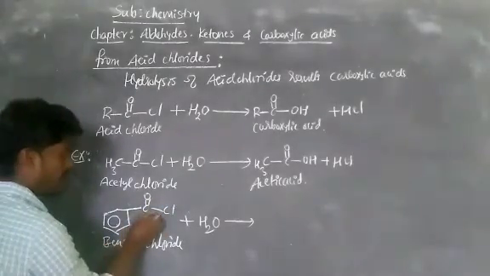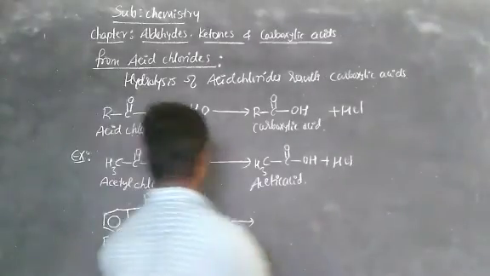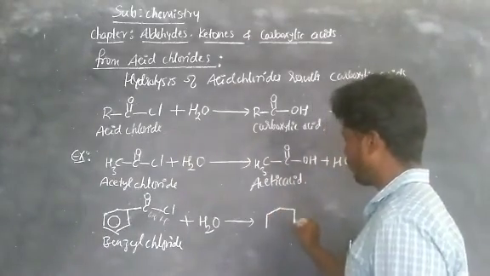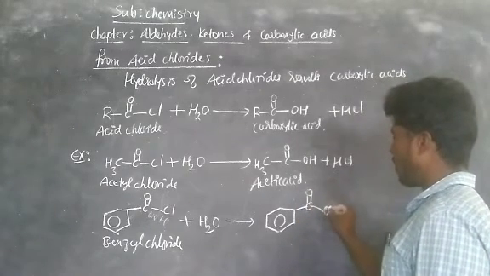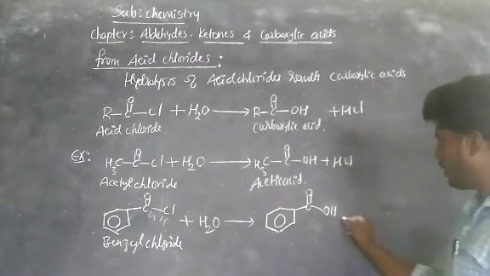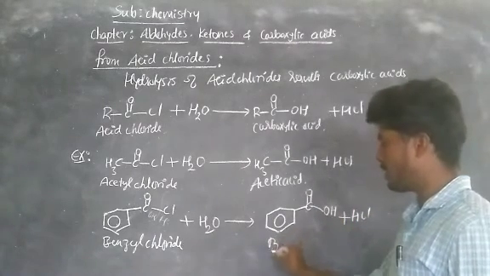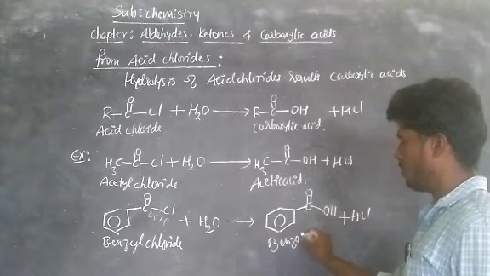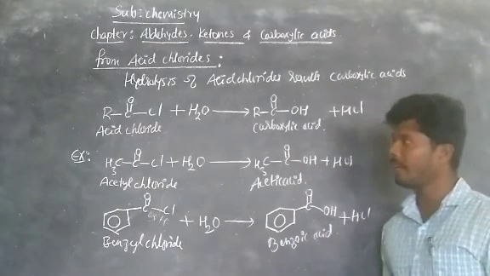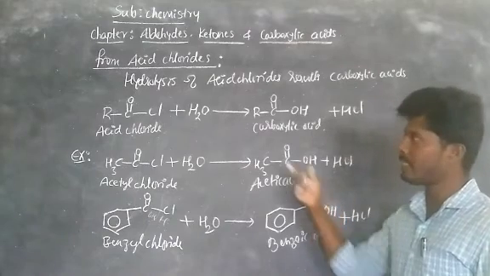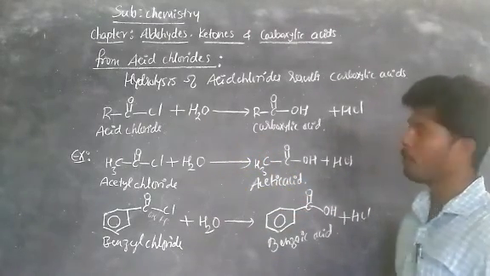One side is OH and here H. So write the products. Benzene C double bond O, in place of Cl OH is substituted, plus H and Cl become HCl. What is its name? Benzoic acid. Okay, so like that we are preparing carboxylic acids by using some reactants. Okay, students, I hope you are understanding.